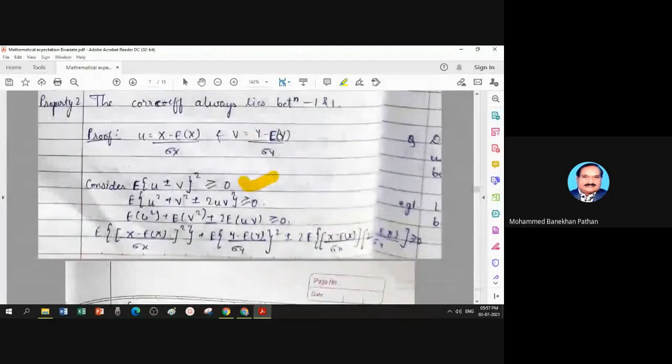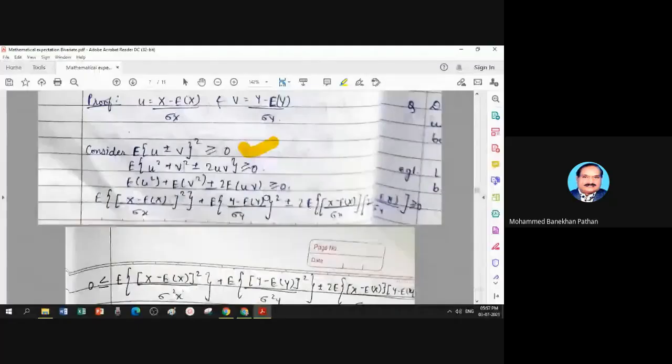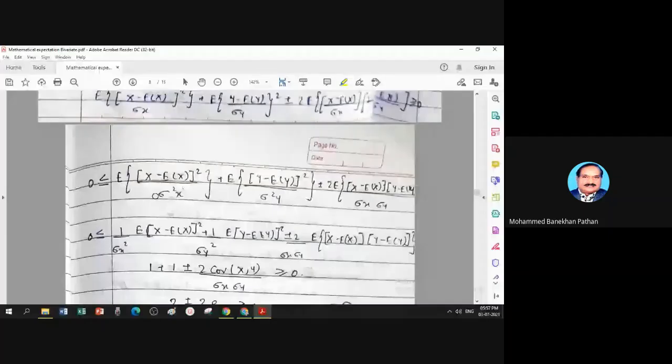So expected value of (X minus EX by sigma X) square plus expected value of (Y minus EY by sigma Y) squared plus or minus 2 expectation of the product, where sigma X and sigma Y separate out. This is greater than or equal to 0.